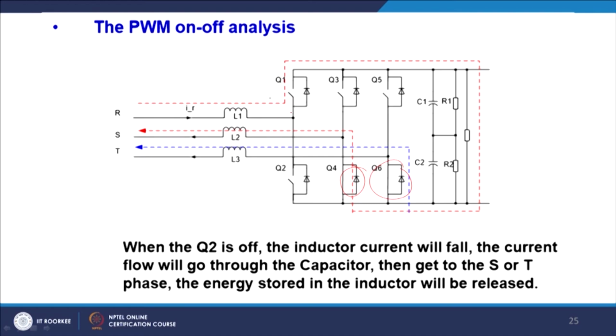Since you have closed this switch, ultimately this IR will flow through the body diode of Q1 or the external anti-parallel diode you have connected, and will boost up the voltage, and ultimately it will flow through these lower switches and back. So, this is the way this converter operates.